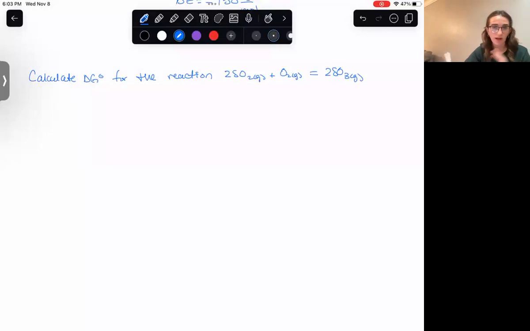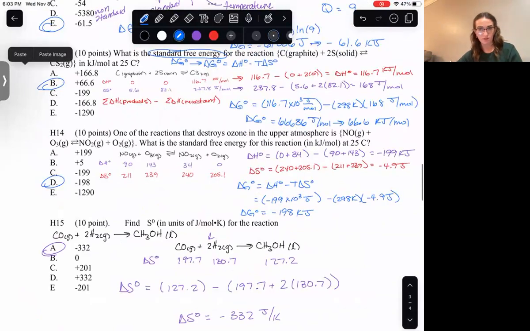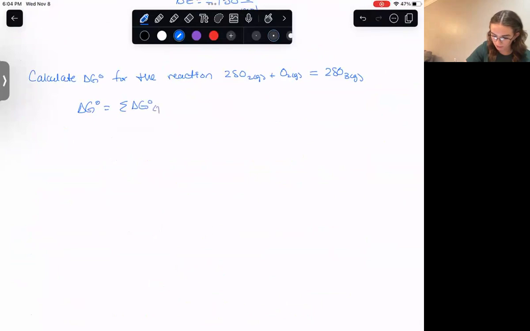But how you would solve this problem is the same way we solve for delta H and delta S in homeworks 13, 14, 15. There should be another appendix with a whole bunch of different values for delta G that you can plug in here. It's going to be the same thing where delta G naught is equal to the sum of the delta G of the products minus the sum of delta G of the reactants.